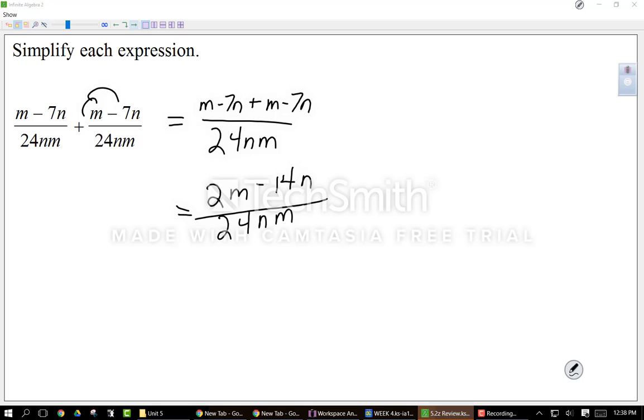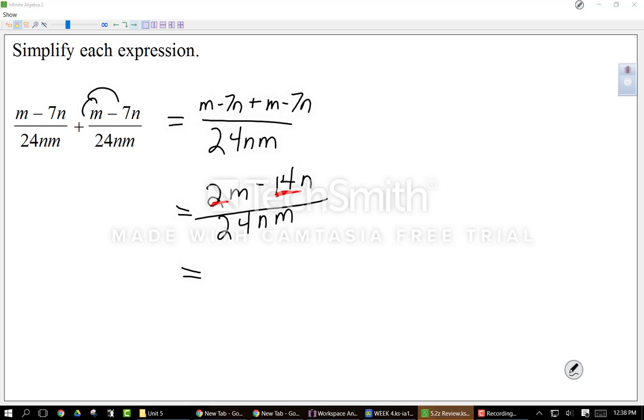24nm. Now, some of you are like, oh, that's my answer, and some of you might have had that, and others probably went further. You need to go further because that's not fully simplified. If I look at the numerator of my fraction, both numbers, the 2 and the 14, are divisible by 2.